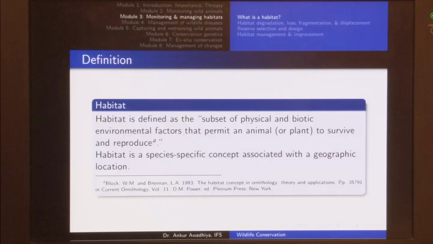Basically, what we mean by a habitat is that in the environment we have certain physical factors and certain biological factors. Any organism will be able to tolerate only a subset of these factors. For instance, in the case of us human beings, we have a temperature optimum of around 25 degrees Celsius.